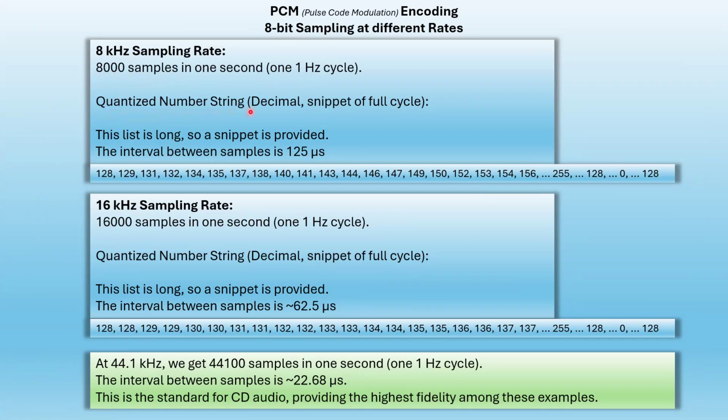Quantized number string in decimal numbers. See, if you have 8 bits, all right? Hold on here. 8 bits, all right?